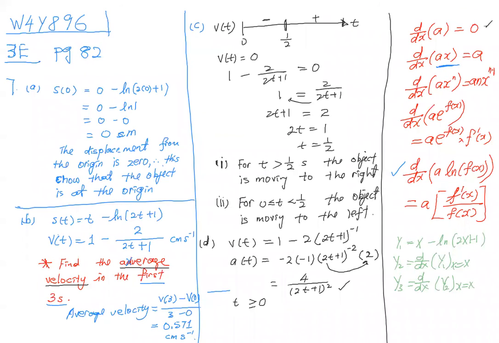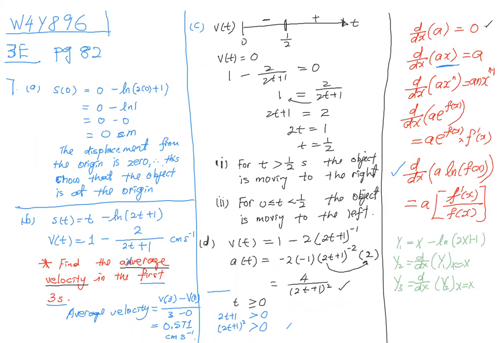Do the sign diagram? Cannot. You sure you cannot draw the sign diagram of 2t plus 1 equal to 0? 2t plus 1 is greater than 0. Am I right? Yes. So therefore, (2t plus 1) squared will be greater than 0 also.